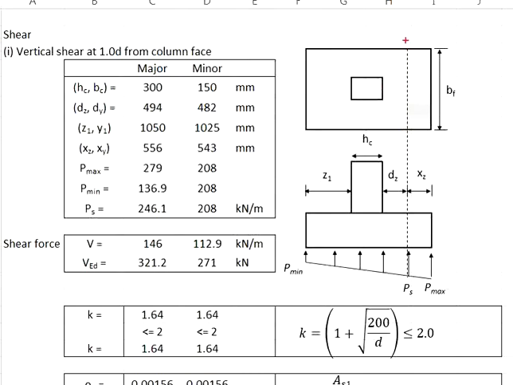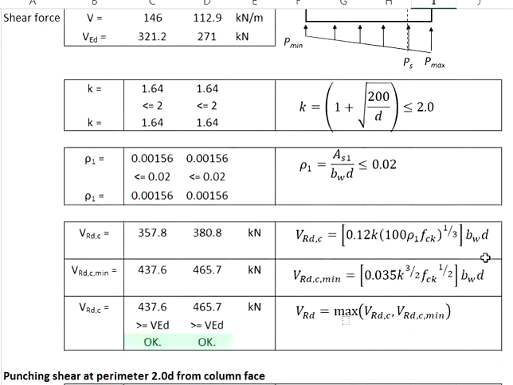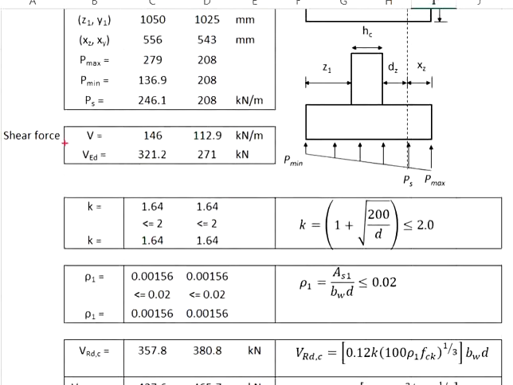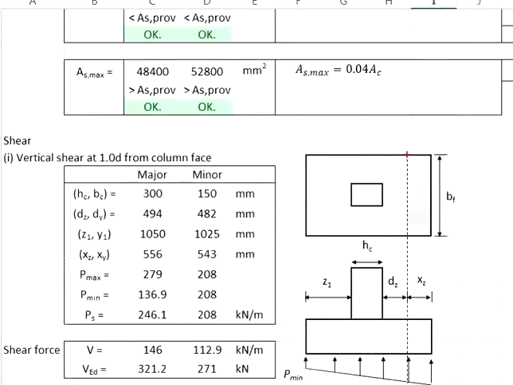We are checking the shear resistance at this plane and also this plane, representing the major and the minor axis. We need to ensure that the shear resistance, which is VRd,c, is greater than the shear loads as a result of the stress acting at these regions.